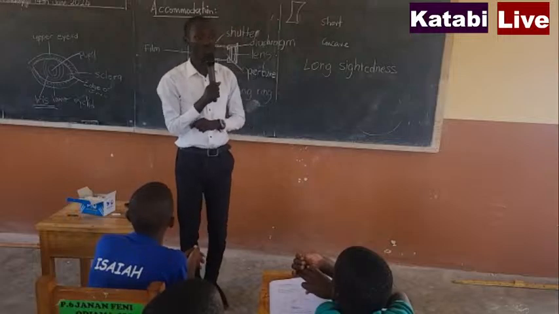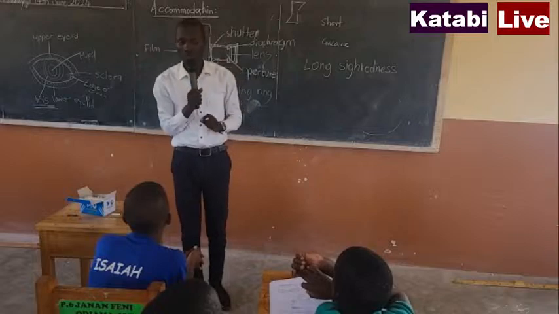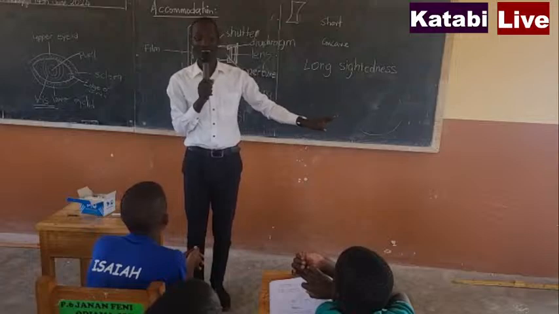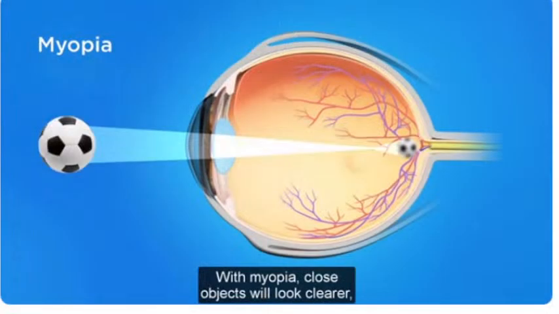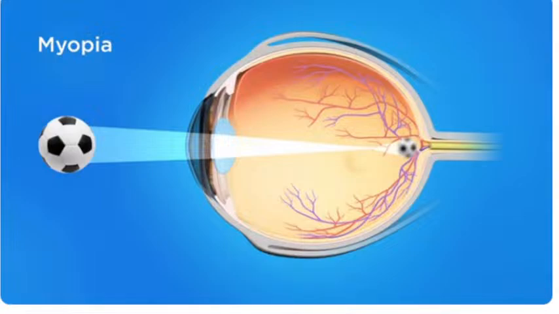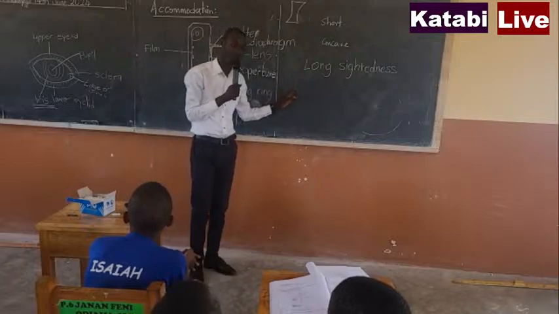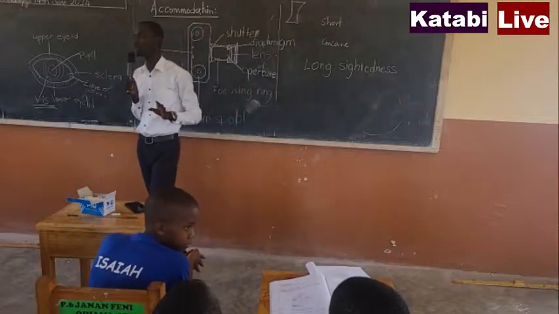The bulls are able to see because of these photoreceptors, but if anything happens to their eyes, maybe the photoreceptor cells are destroyed, there may be blindness automatically. And in the same way, since they are mammals like you, there could be some abnormality that comes in. So they may also be colorblind. Yes, it is true that they can be colorblind. It is a defect that is common with the mammals.